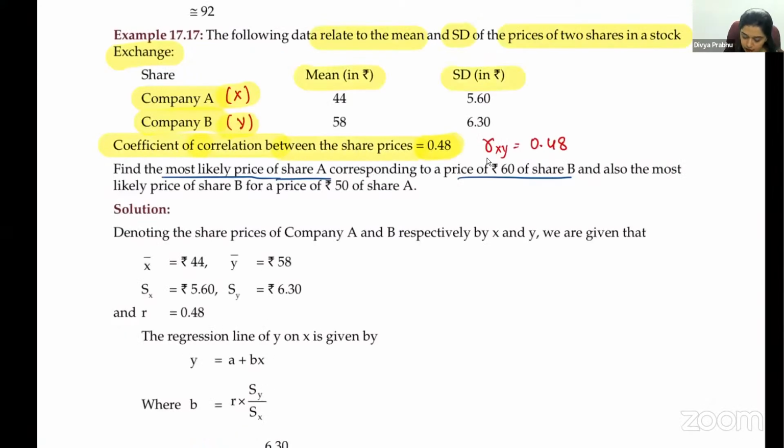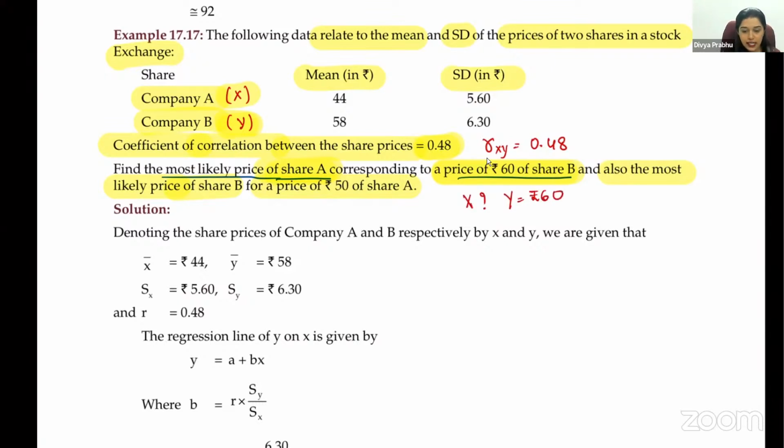0.48. Now, find the most likely price of share A corresponding to the price of 60 rupees of share B. Share B means Y. When Y is given, you have to estimate the price of share A, that is X. And also the most likely price of share B for a price of rupees 50 of share A. So, in the first case they are telling you what is X when Y is given as rupees 60.